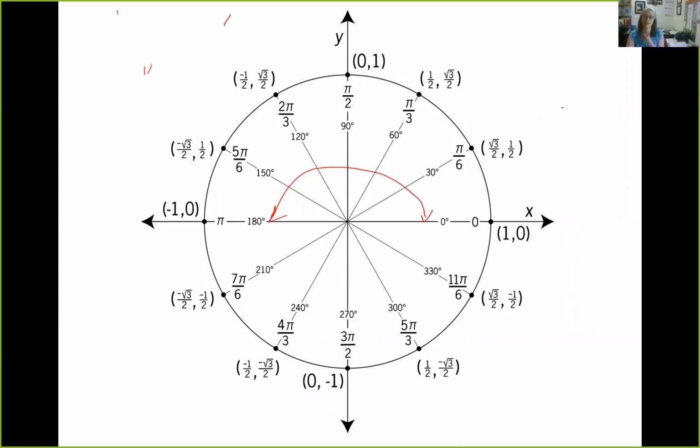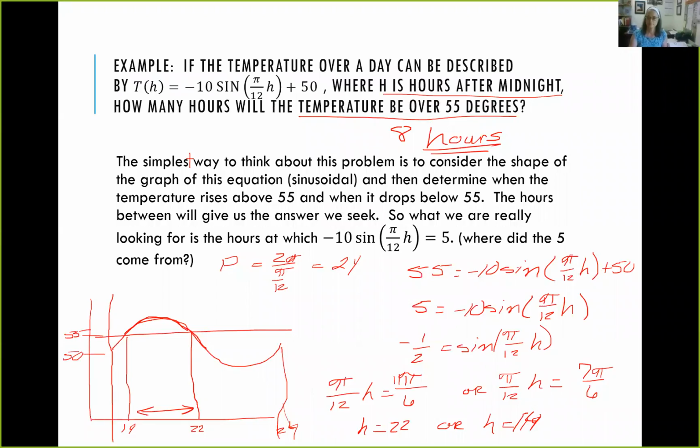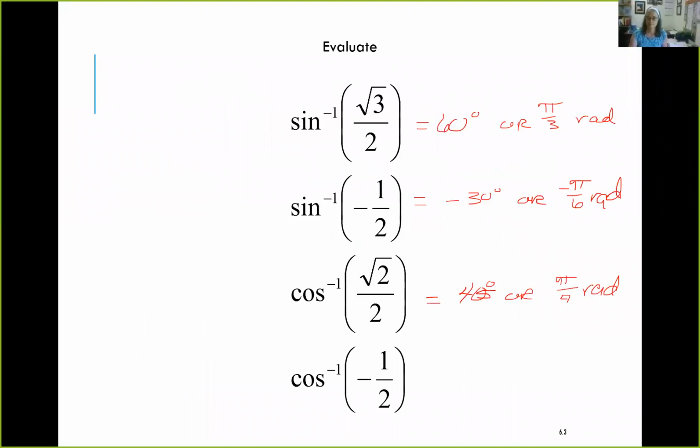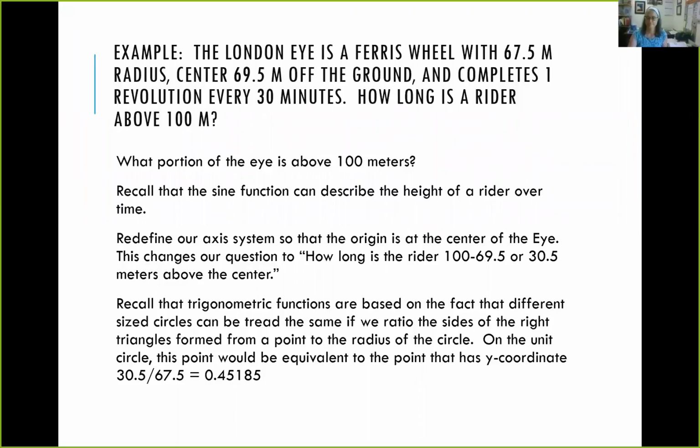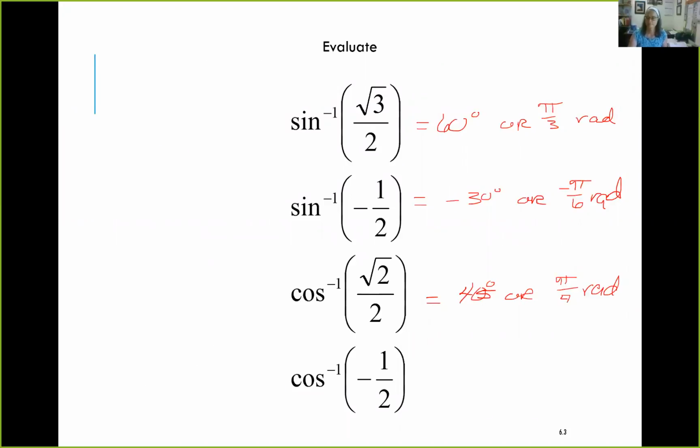And we're looking for the angle in this region that has cosine of negative 1/2, and that will be 120 degrees or 2 pi over 3 radians. Okay? Inverse trigonometric functions. The output is the angle.